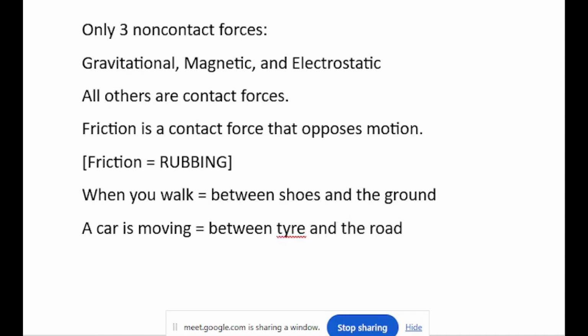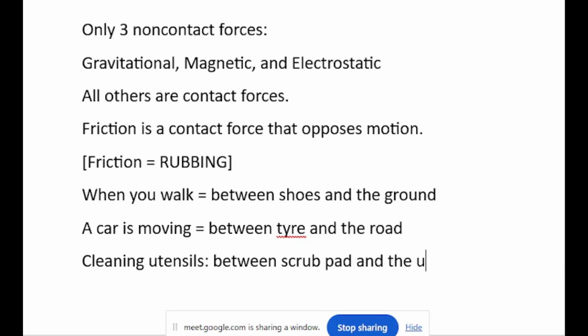Supposing you are cleaning utensils, the rubbing is between the scotch brite, that is the rough scrubbing pad, and the utensil.